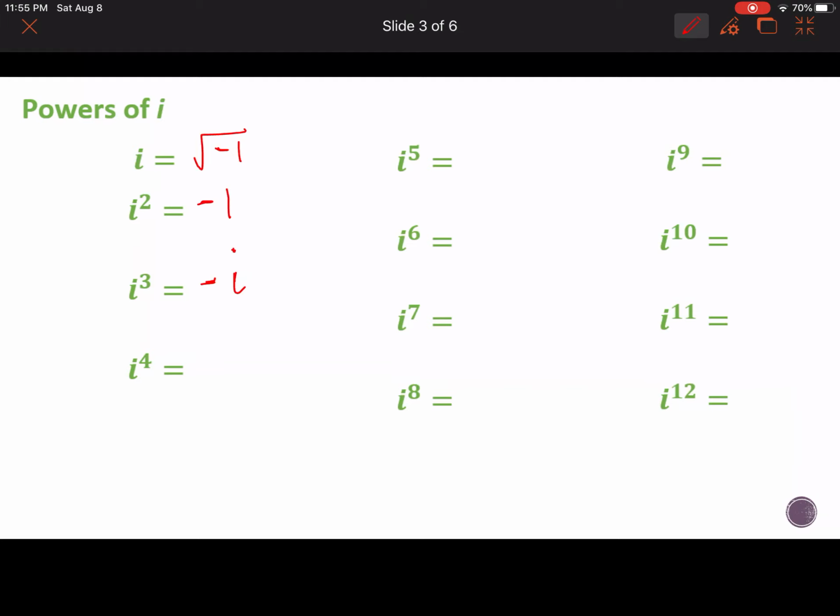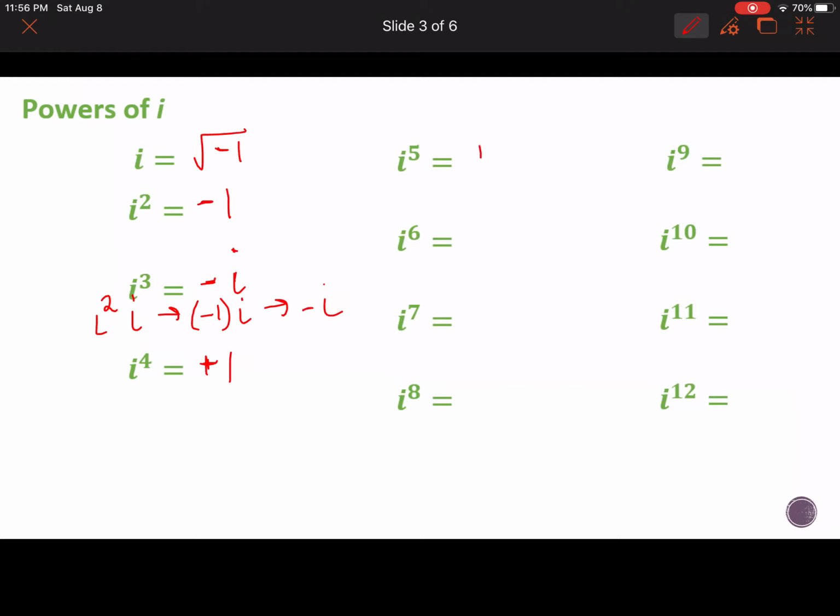And how did I get negative i? So I got negative i by separating that i cubed down to an i squared times i. We already know that i squared is negative 1. And so negative 1 times i is equal to negative i. And then i to the 4th is positive 1.